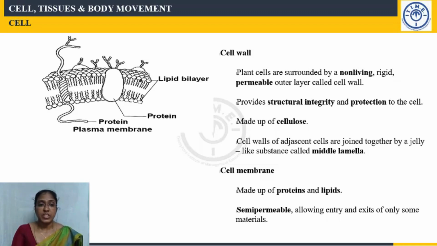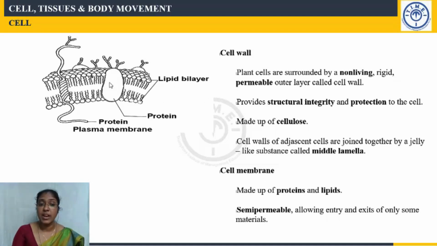This is the structure of the cell membrane, a microscopic view. It has a lipid bilayer, that is an outer and inner layer, so it is known as a bilayer. It has two layers of lipid, so it is named the lipid bilayer.